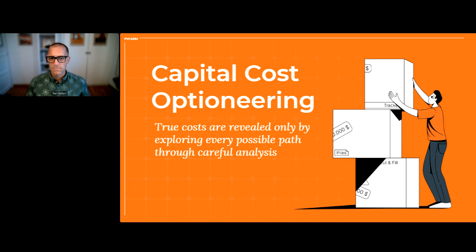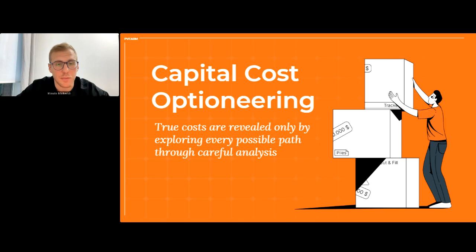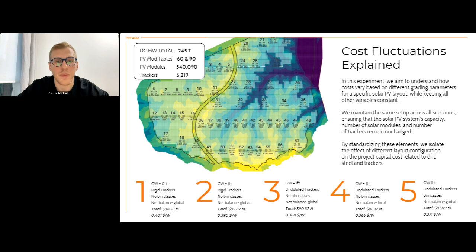Thank you, Ben. So we will start with capital cost optioneering, and we're going to use an average size project. Not average size, it's approximately 250 megawatts DC. The only way to understand the cost fluctuations or cost optioneering is to actually run a bunch of simulations and calculate the costs, right? So we prepared quite an interesting example.